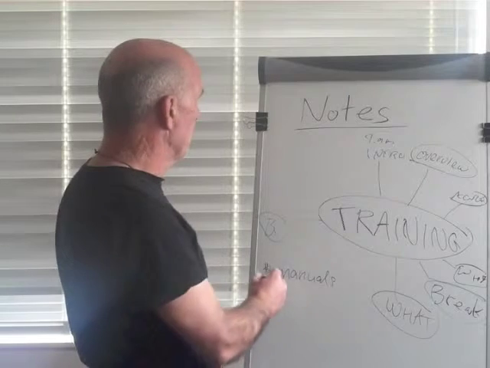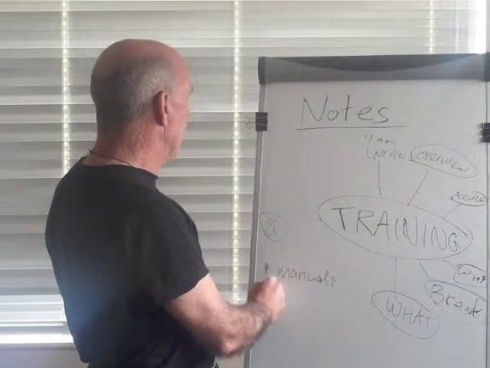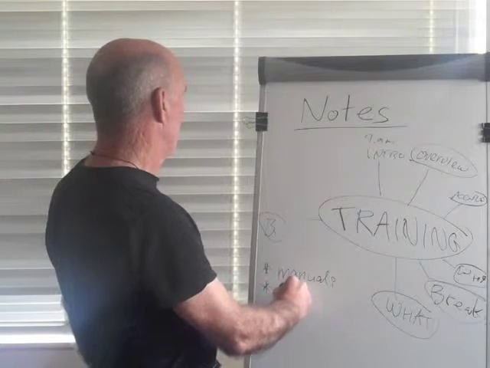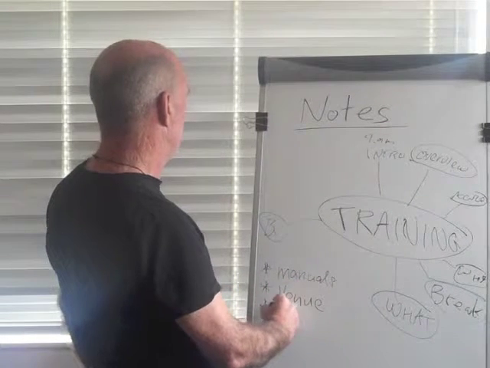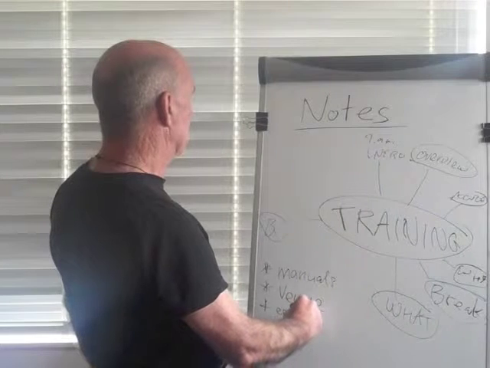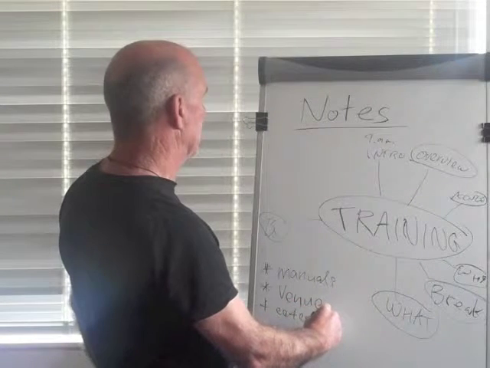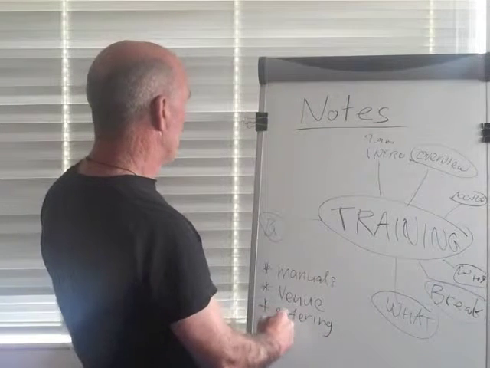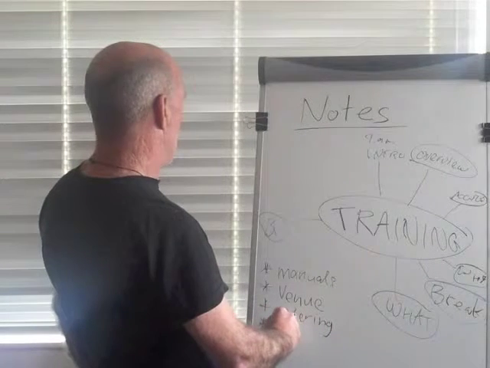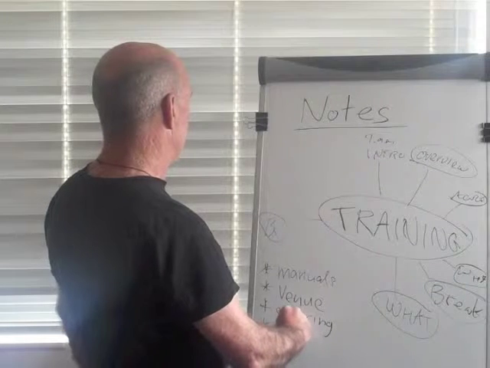And I'd need to maybe make sure that the venue has been booked. And that catering has been sorted. I've actually got checklists for this sort of stuff, but this is just an example. Catering. Advertising and marketing. Have I done that?